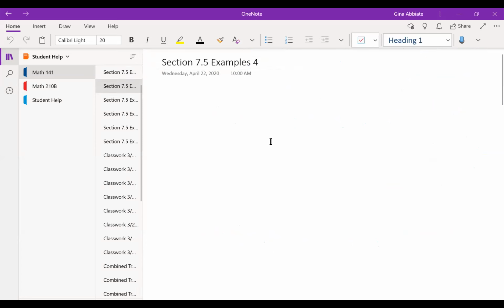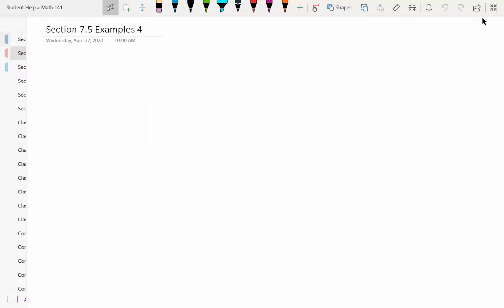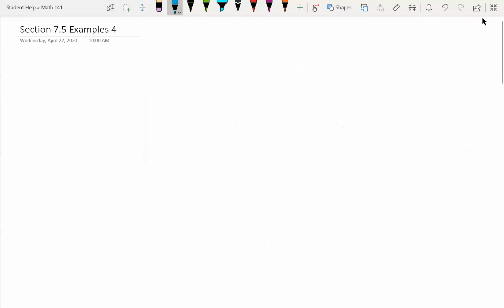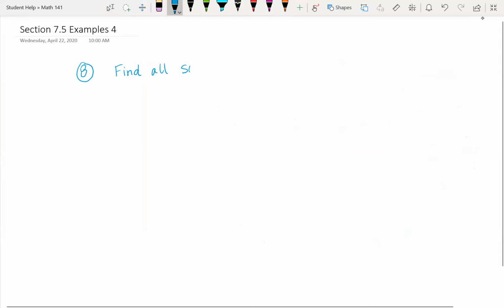New page. Number 8. Let's find all solutions in 0 to 2 pi.